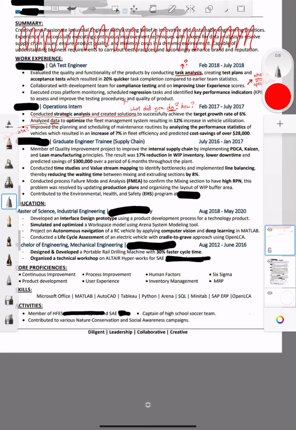I don't really know what they mean by analyzing the performance statistics of the vehicles. Did you just look at all the times that these packages were delivered? I don't even know if they're delivering packages. I don't even know what they're doing. Maybe they're maintenance routines. Maybe the vehicles are getting fixed.